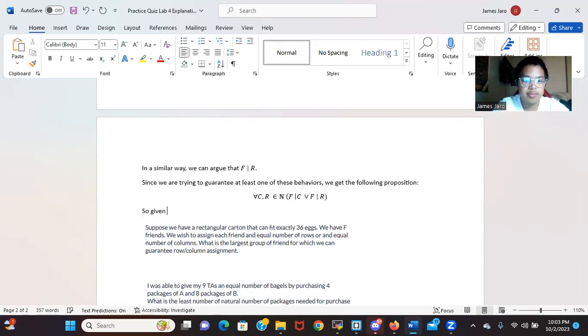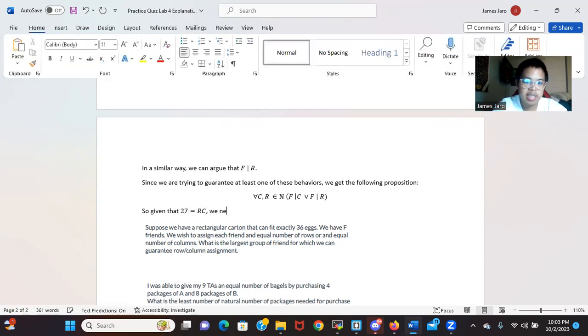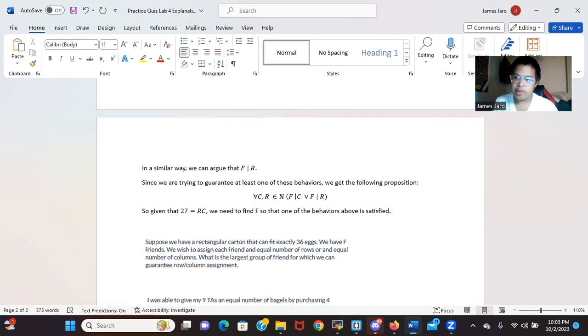So given that 27 is equal to RC, we need to find F so that one of the behaviors above is satisfied. And so the question is, how do we go from this?